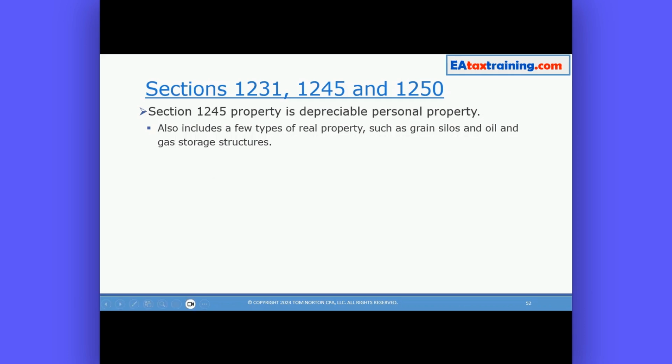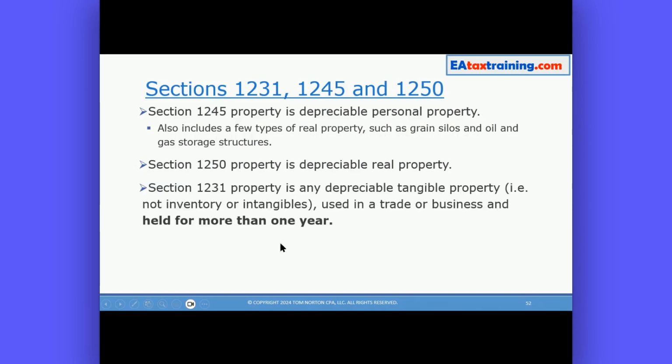Section 1250 property then is depreciable real property. So if you've got buildings, for instance, or improvements to buildings, etc., if it's depreciable real property, then it is Section 1250 property. So again, land would not be included because it's not depreciable. So 1245 is depreciable personal property. Section 1250 is depreciable real property.